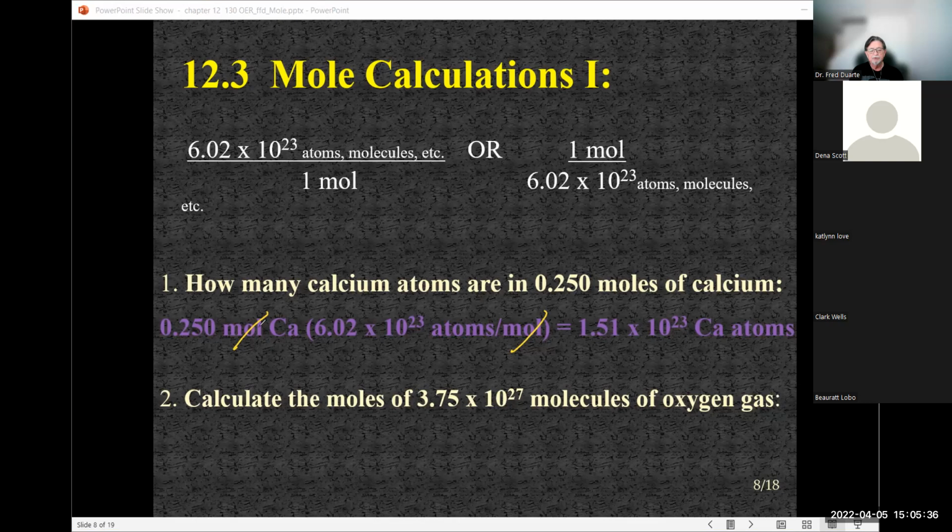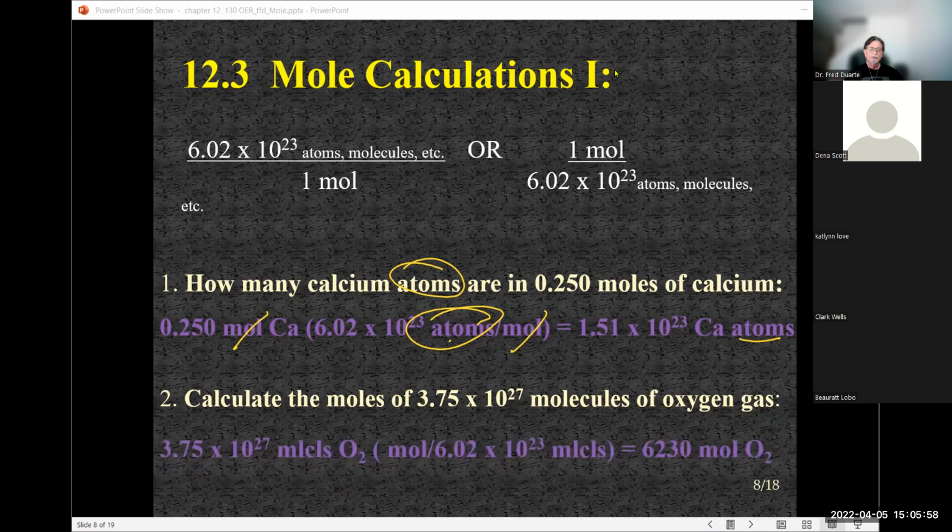Keeping track of my units, you can see moles canceled, leaving me with the units of atoms, which is what the question asked for. Then the rest is on you, plugging that number into the calculator. Refresh your memory on how to use the scientific notation function of your calculator.